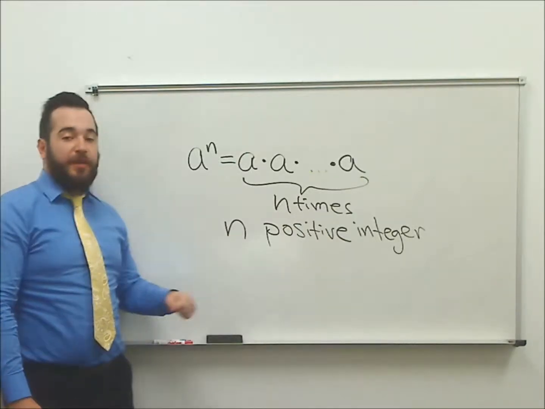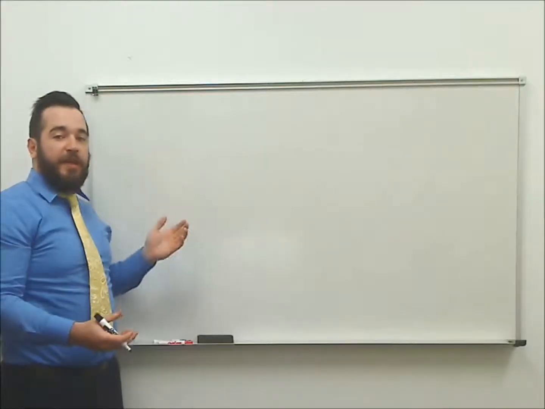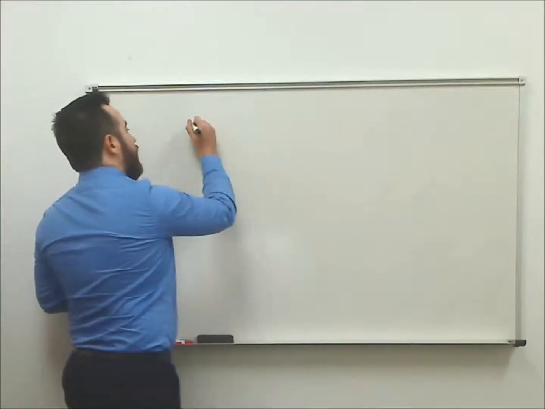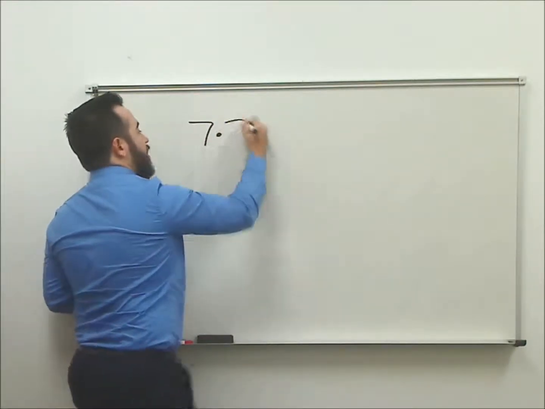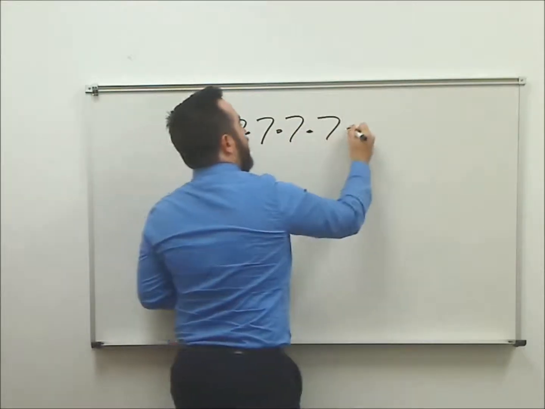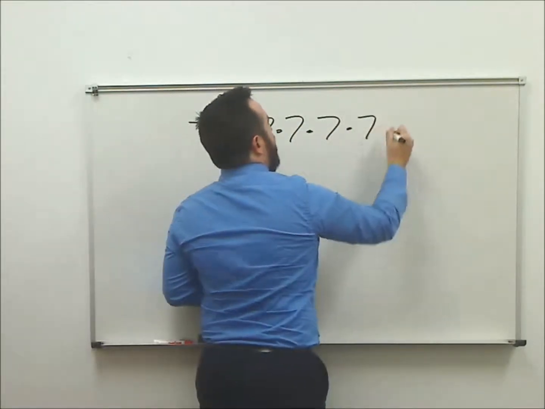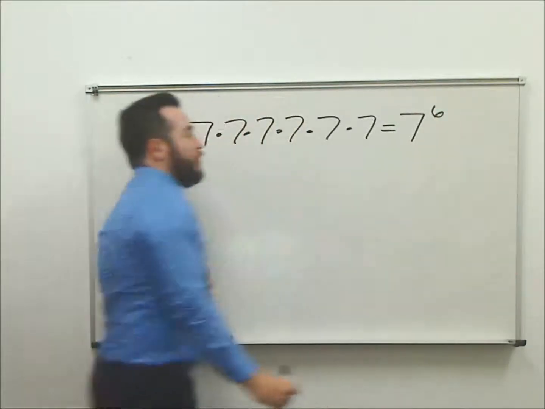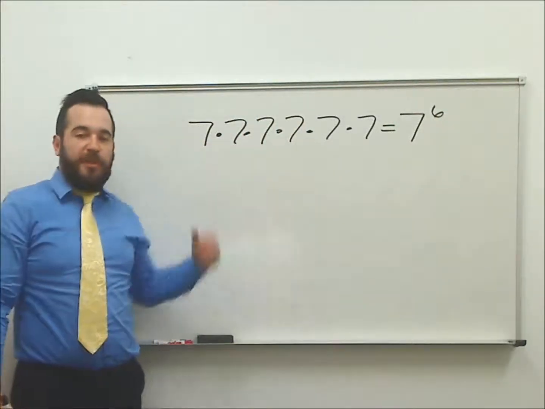So let's apply this. Say, for example, we wanted 7 to the 6th. We could write out 7 times 7 times 7 times 7 times 7 times 7. In exponent form, just 7 to the 6th.